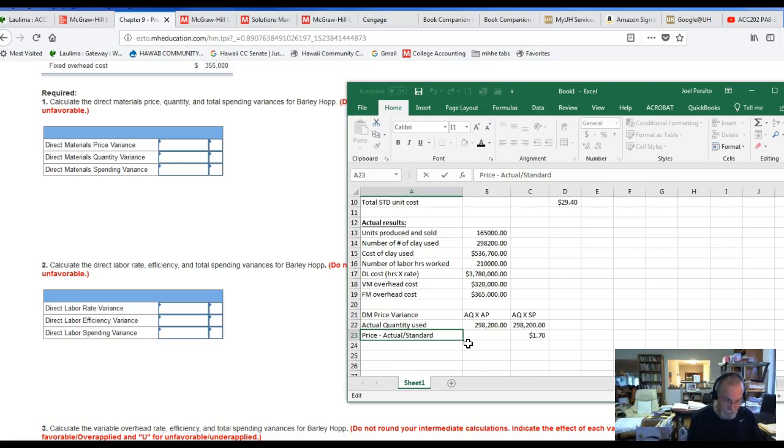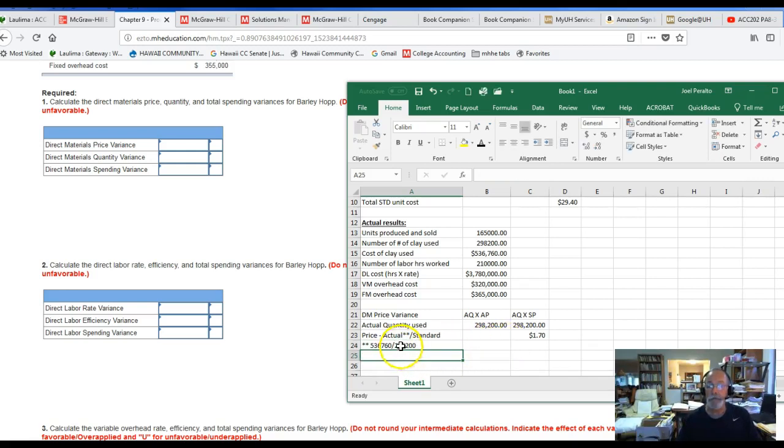So let's show a couple of asterisks like that, and then we can show that that calculation is total cost $536,760 divided by number of pounds of clay used, 298.2.